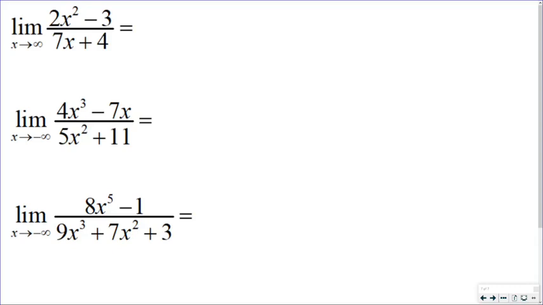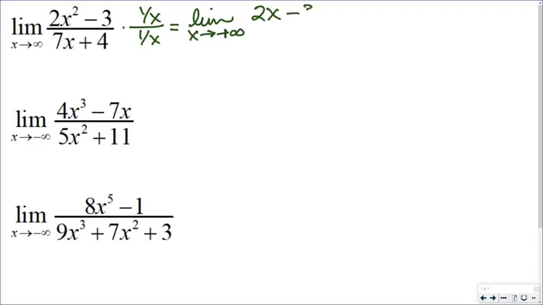All right, so for the first one, I'm going to divide everything by x. The highest power of x in the denominator is x to the first, and I get the limit as x approaches, again, that's going to be a positive infinity if it's not explicitly stated. And I'm going to get 2x minus 3 over x divided by 7 plus 4 over x.